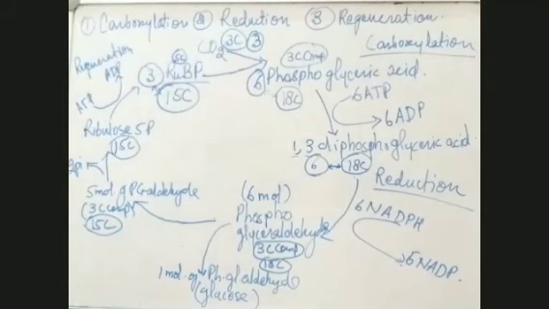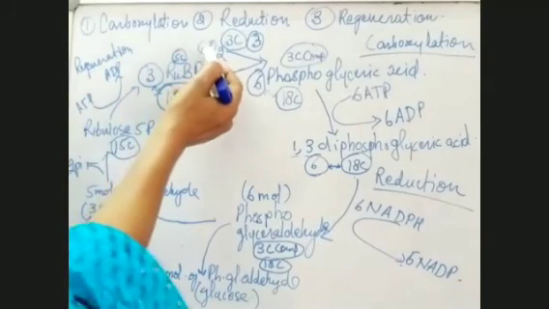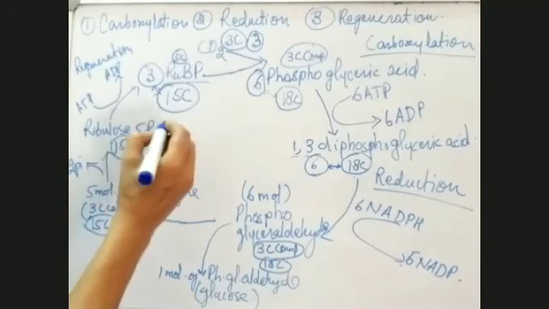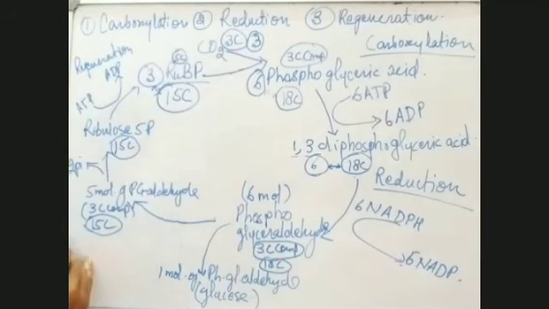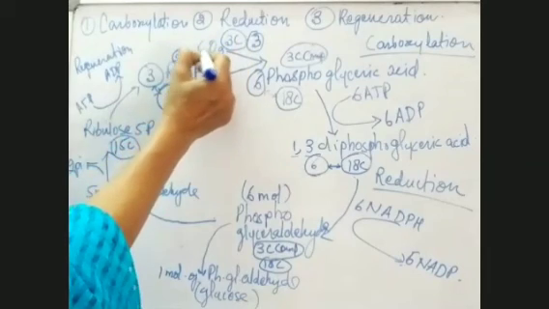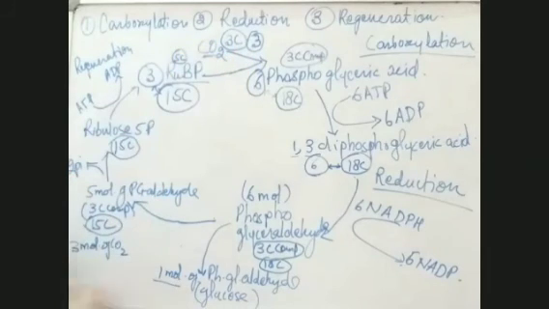Now if we see here, we started with 3 molecules of CO2. So 3 molecules of CO2 formed 1 glucose. We used 3 molecules of CO2, and from these 3 molecules, 1 molecule of glucose was formed.